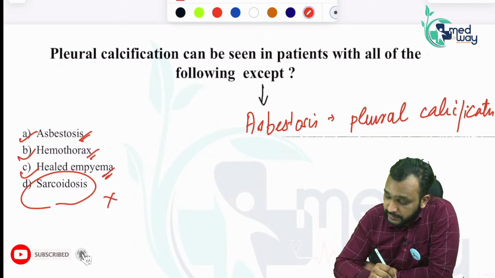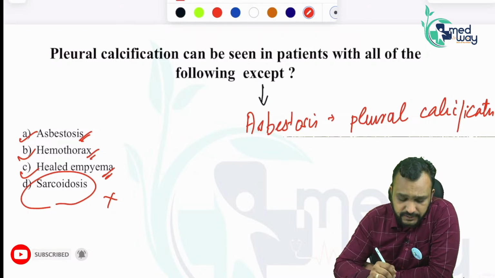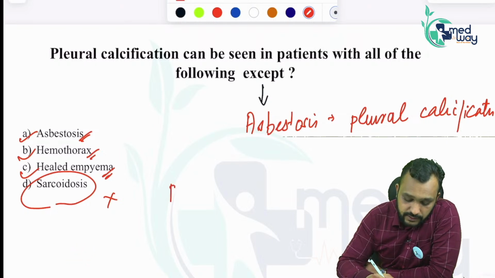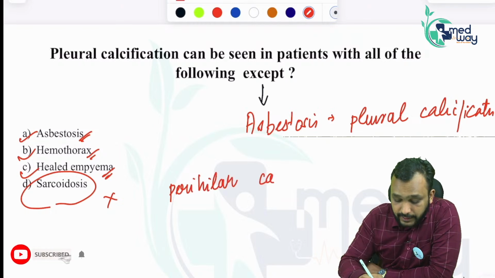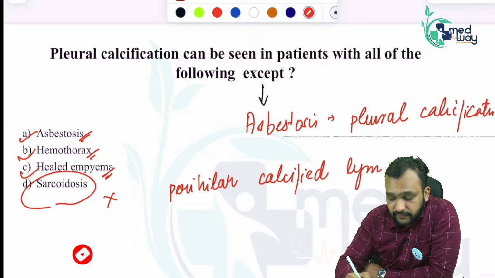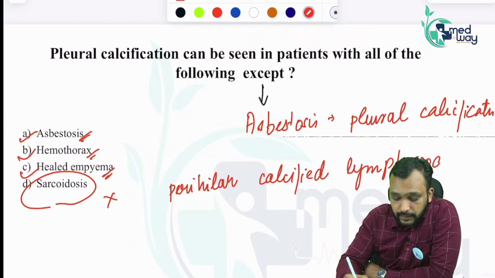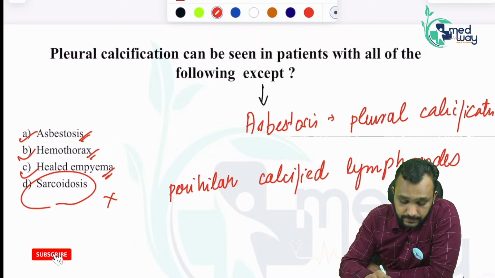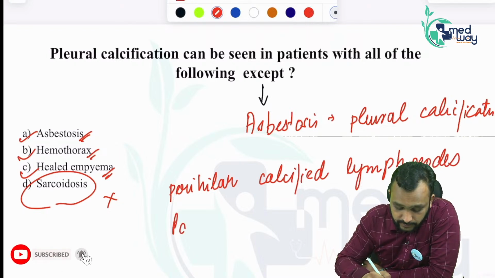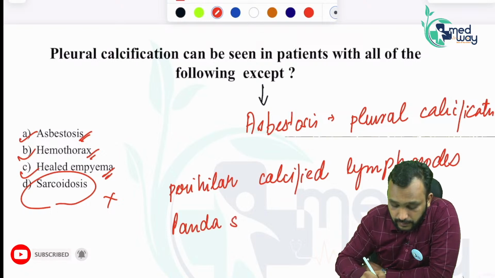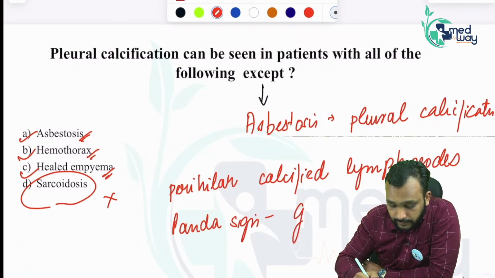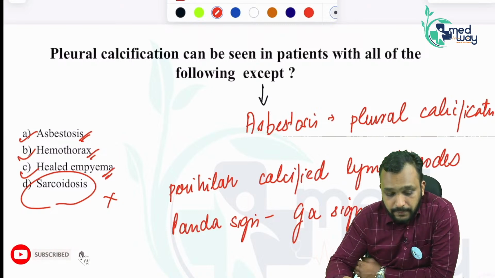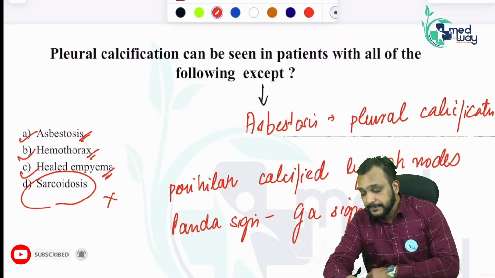What are you going to see in sarcoidosis? You will see perihilar calcified lymph nodes, okay. So calcific lymphadenopathy will be seen in sarcoidosis, right? And they are going to give a panda sign on gallium scan. So just remember these two important things. Gallium scan shows a panda sign.